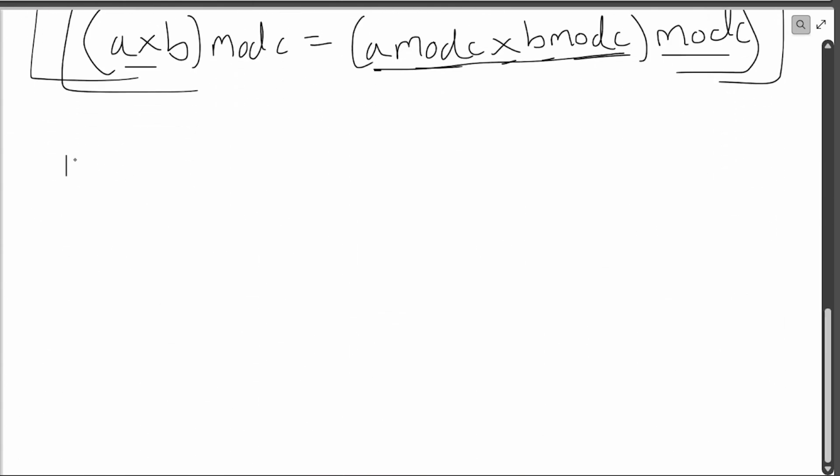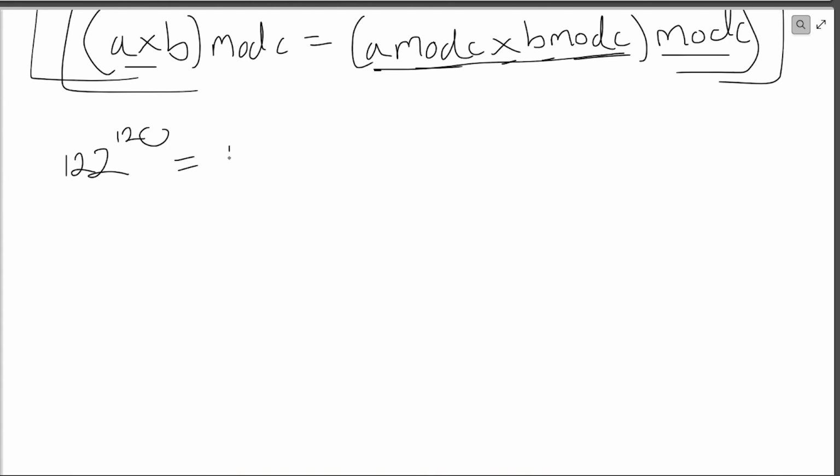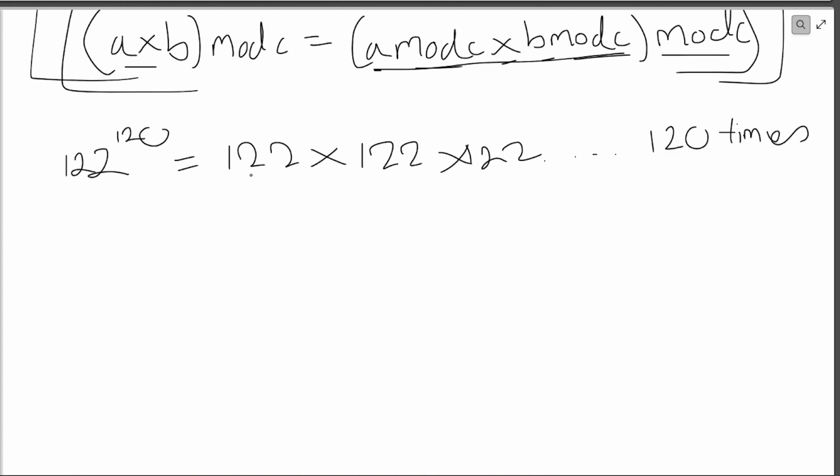So once you know that 122 raised to 120 is nothing but 122 into 122 into 122, 120 times, you know that it's nothing but just repeated multiplication, right?